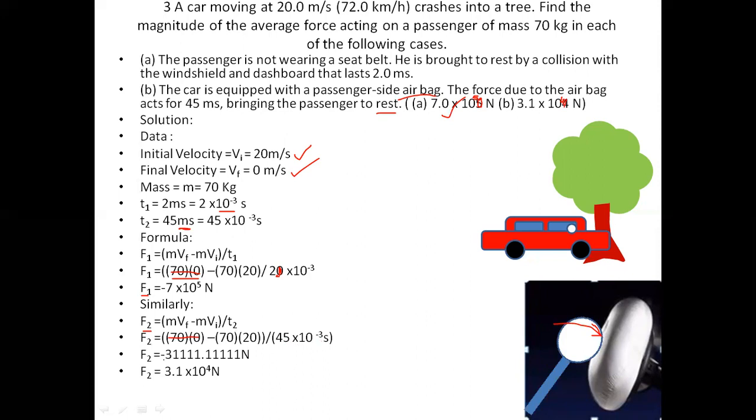So our answer comes to minus 31111.11111, that means 31,111 newtons, and we can write it as F2 is equal to 3.1 into 10 power 4 newtons. That is how we get our required answer, 3.1 into 10 power 4 newtons, and that is our correct answer.